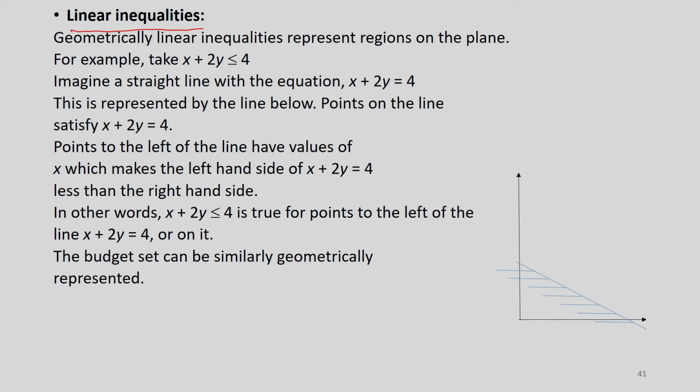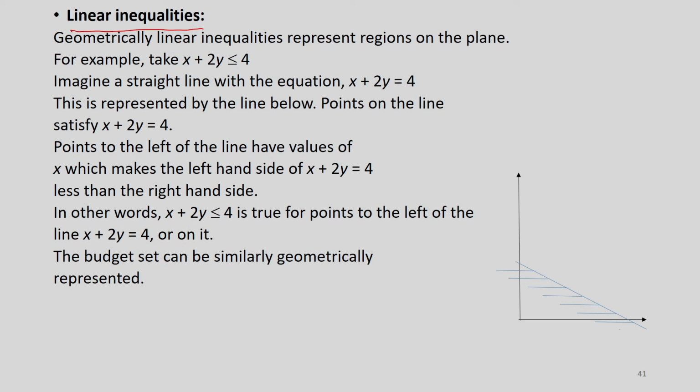Geometrically, linear inequalities represent regions on the plane. So, they are not straight lines, they are regions. For example, take x plus 2y is less than or equal to 4. So, this will represent a region, but which region?